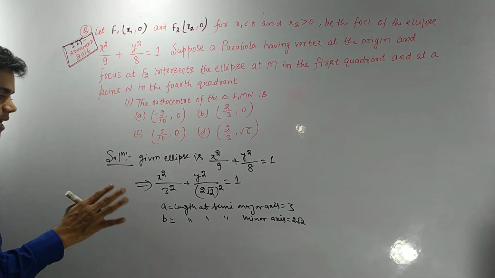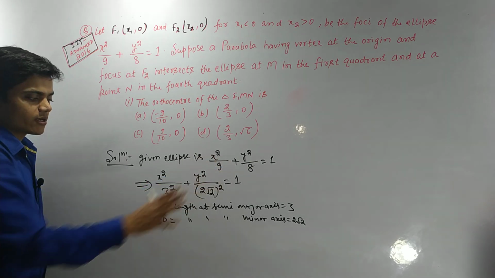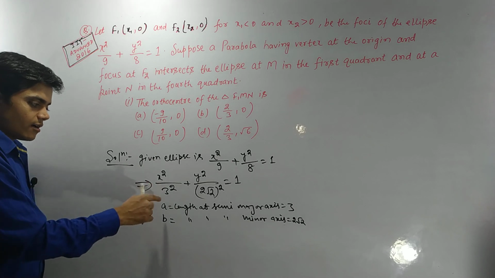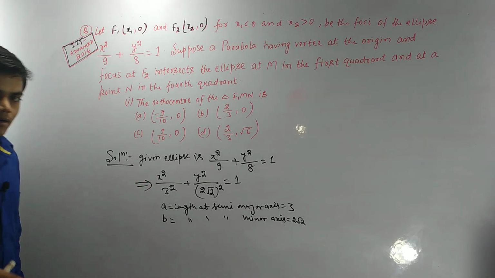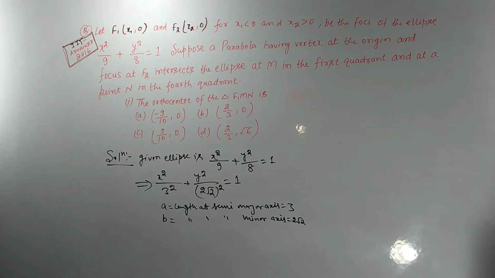You know the standard form of the ellipse: x squared by a squared plus y squared by b squared is equal to 1. Here a is greater than b, and this implies the major axis of the ellipse is nothing but the x-axis.